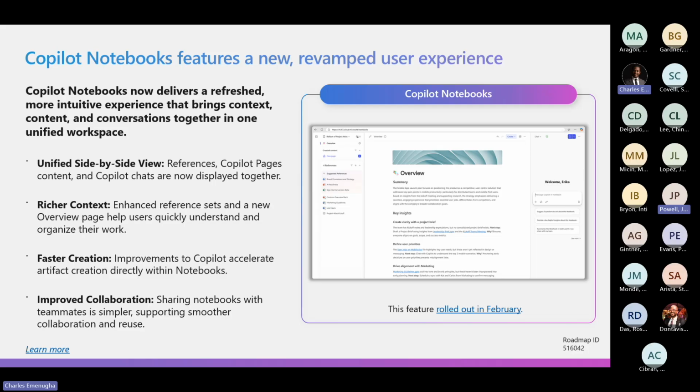Finally, sharing notebooks with teammates has become much simpler than it used to be, making it a lot easier to collaborate, reuse work, and keep everyone aligned. Now, we started rolling this update out in February of this year, but we completed it last month, the month of March.